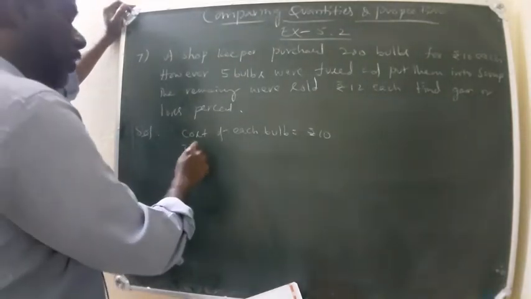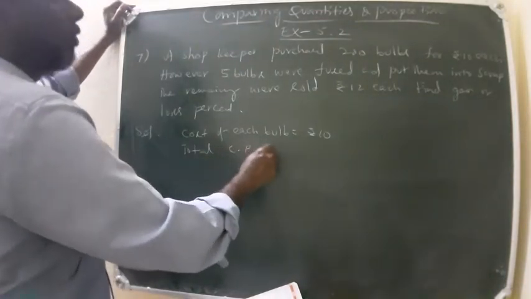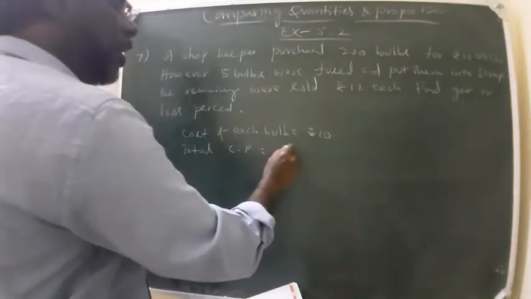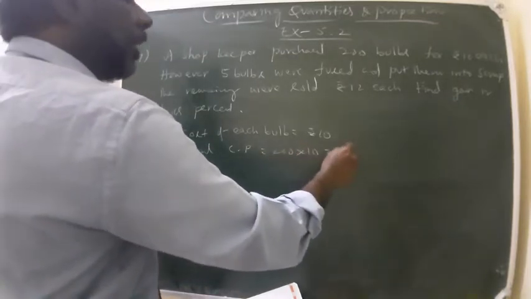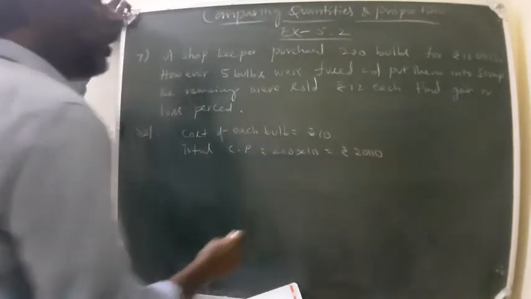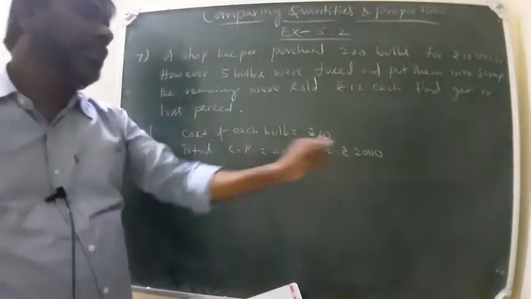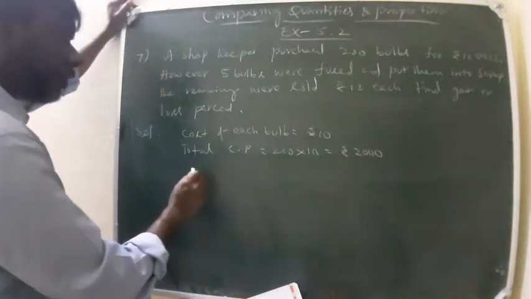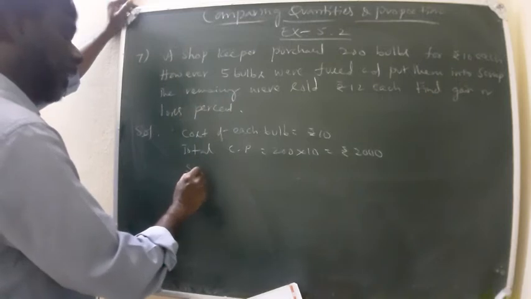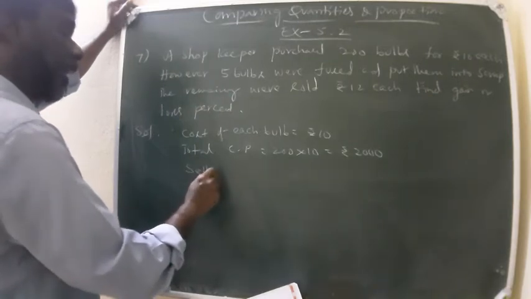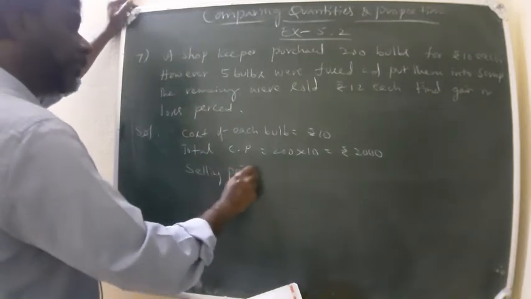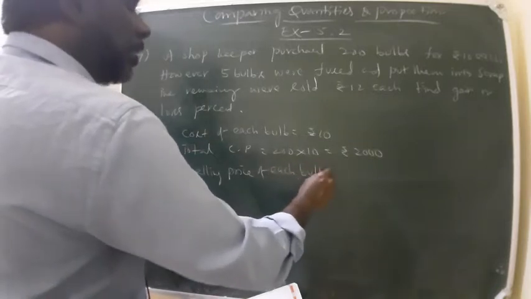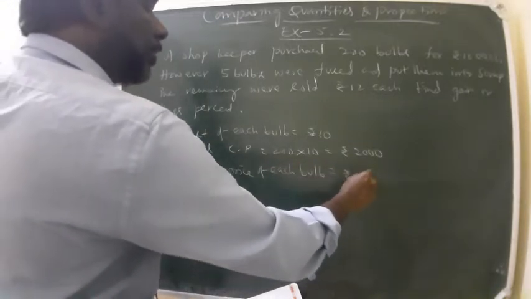So how many bulbs he purchased? 200. 200 into 10, that is 2000. So cost price of all bulbs is rupees 2000. Next, selling price of each bulb. Selling price of each bulb is 12.